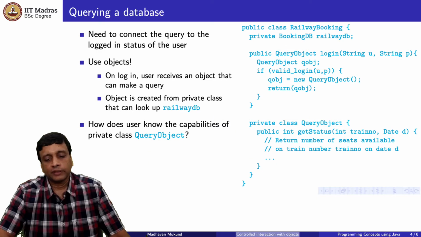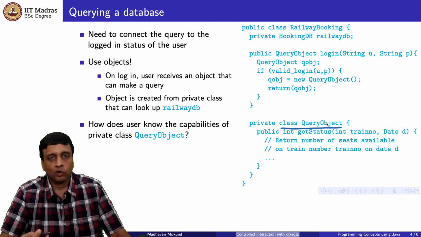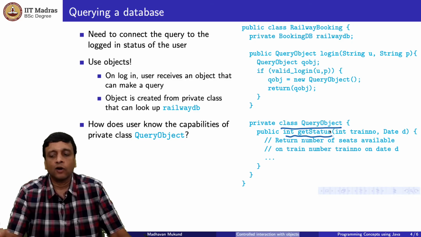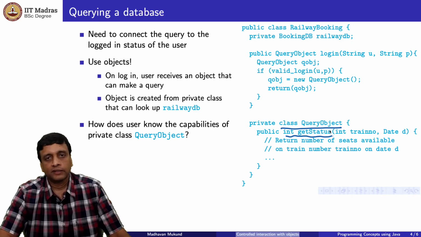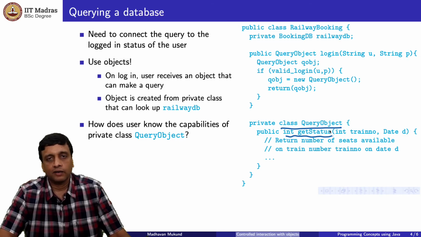But there is still a problem with this. The problem is that this class definition is private. So how does the user or the Java compiler know that this function get status is allowed in this object? How do you match up the capability of this particular function with this object which is coming from a private class which is hidden from outside?